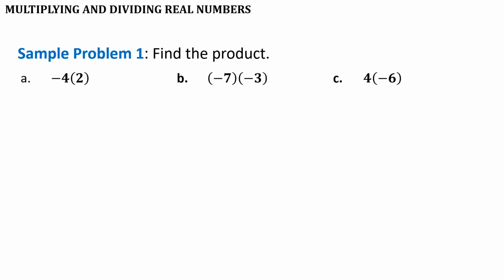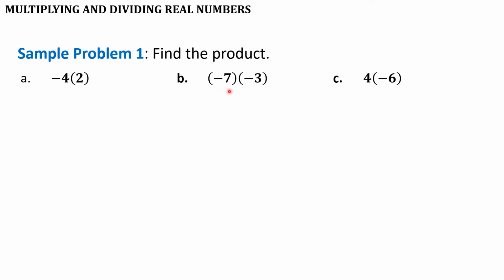Okay, let's start with some easy problems. I want you to figure out if the answer is going to be a positive or a negative number. If I have a multiplication with a negative and a positive number, what sign do you think the product is going to be?